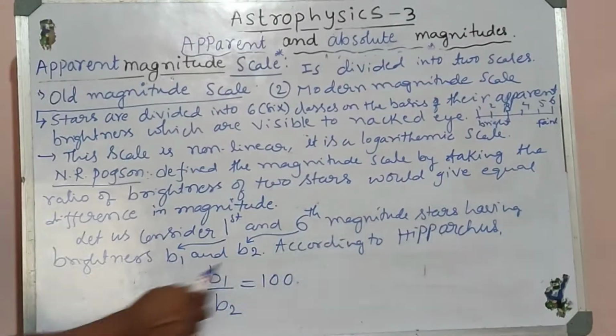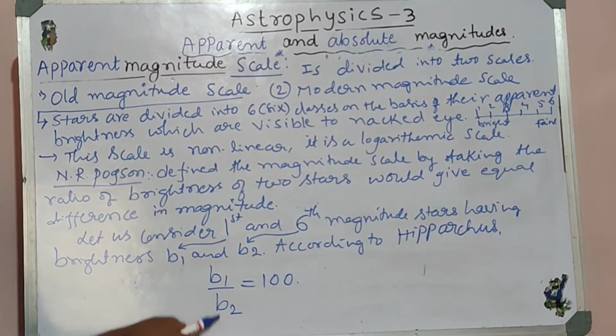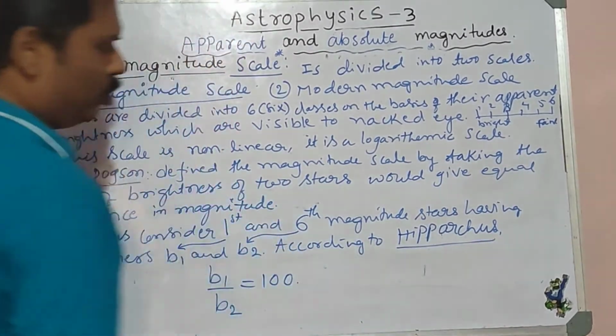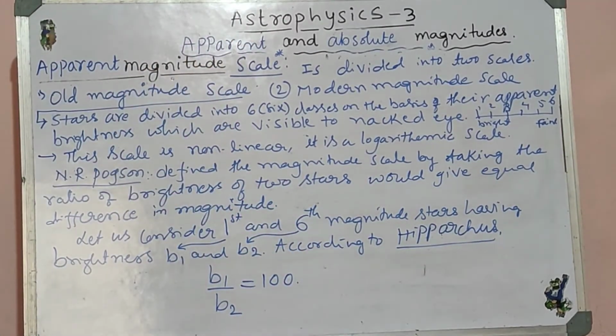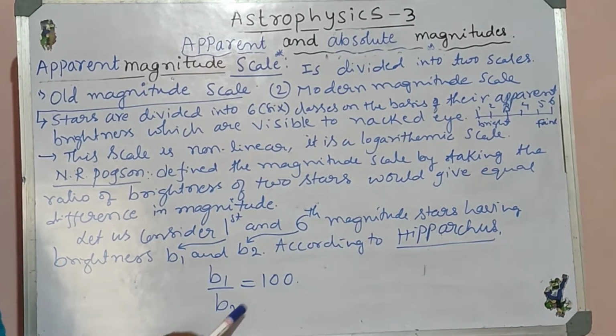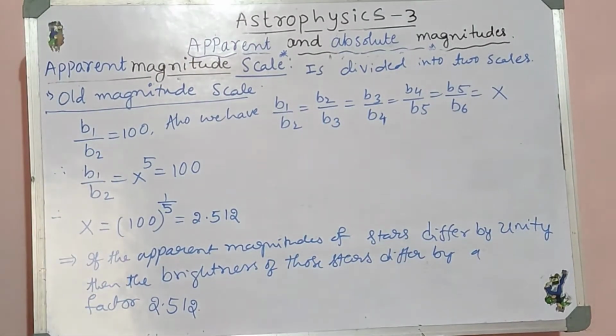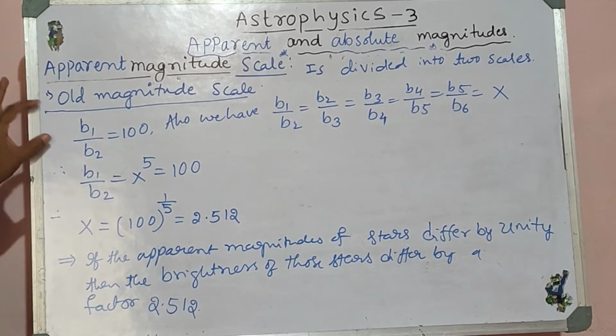According to Hipparchus, B1 divided by B2, the ratio of the brightness of these two stars, is 100, because Hipparchus says that the first magnitude star is 100 times the sixth magnitude star. Therefore, B1 divided by B2 is equal to 100.